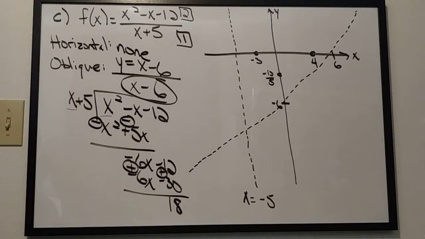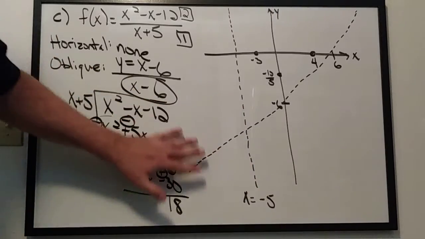So now that I have this, then I can go ahead and use our intercepts and our sign chart and all these asymptotes to figure out what our graph is going to look like. So as you look at the sign chart, it says then on the left-hand side, to the left of negative 5, our graph has to be below the x-axis. But it also has to approach all of these asymptotes.